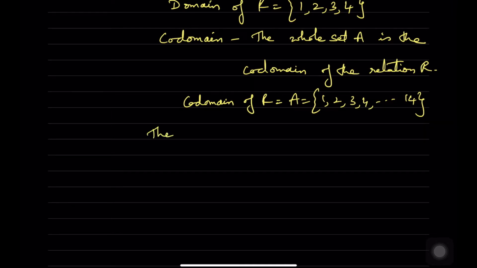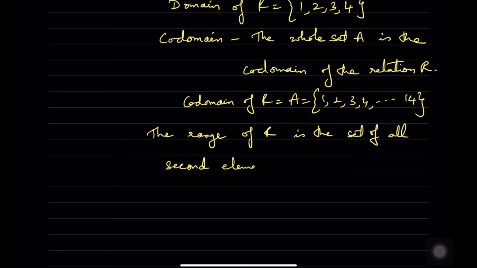And what is the range? The range of R is the set of all second elements of the ordered pairs in the relation.